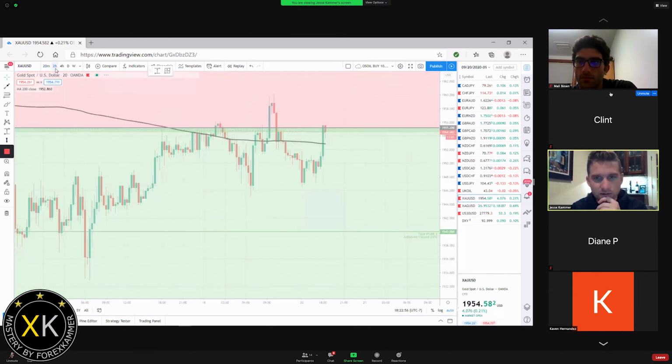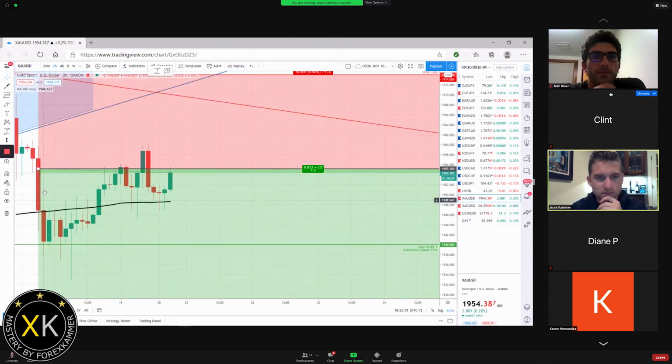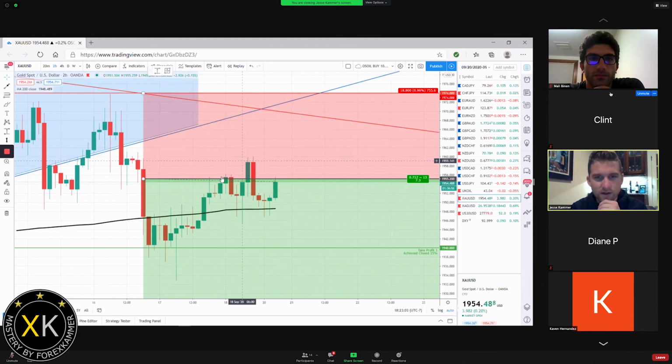We've come out to probably even a 2 hour here. So this is the head, right? We have a shoulder here, head, and then we could be creating another shoulder here. So we might see this consolidate here, and then maybe the next 4 hours be bearish, and we can see that then move to the downside on gold here.